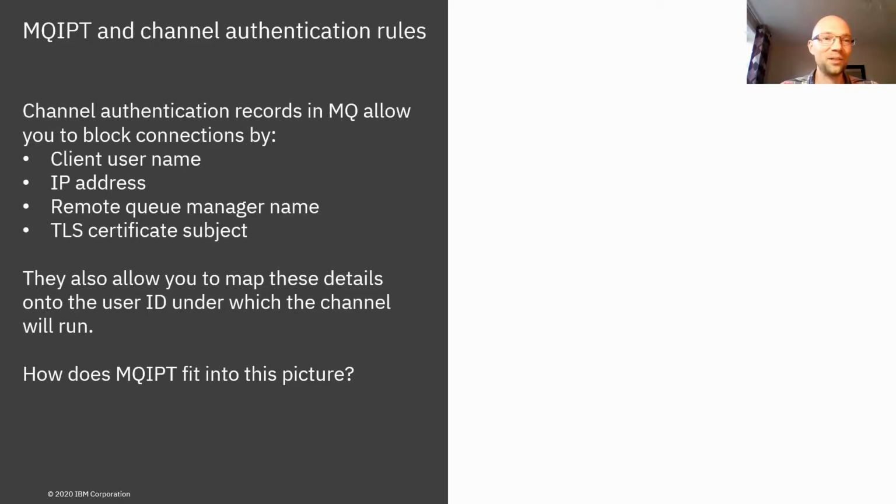And it can, by using channel authentication rules. And the reason that MQIPT can do this as well is, firstly, because MQIPT could do this before MQ could. So it's historical in a way that MQIPT had this capability before channel authentication records were added to MQ, even though they've actually been in MQ for a number of years by now.